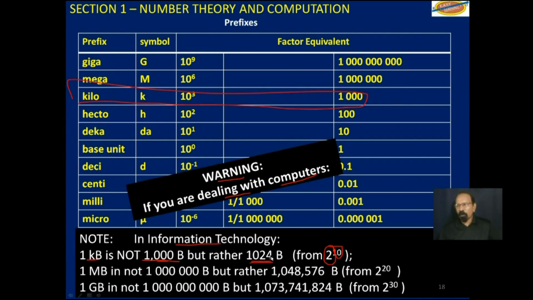And the same thing goes for megabyte as it relates to bytes. It is not a million. It is 1,048,576, because it is 2 to the 20th power. And same thing goes for gigabyte. Down here, it is not 1 billion, but rather 1 billion and something more, 73 million, some thousand and some, which is 2 to the 30th power.